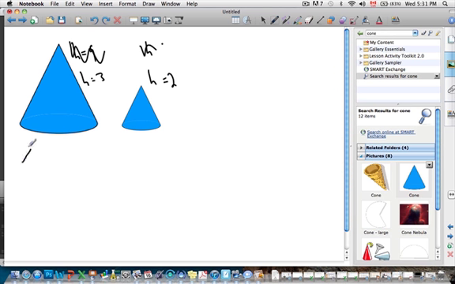And then we're just going to say this has a lateral area of 40 centimeters squared, and it also has a volume of 30 centimeters cubed.